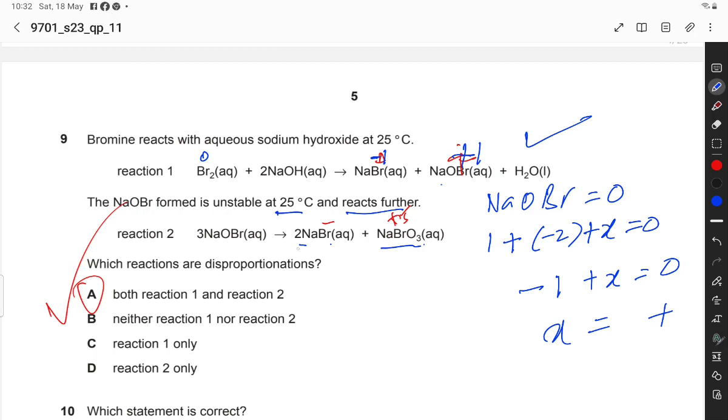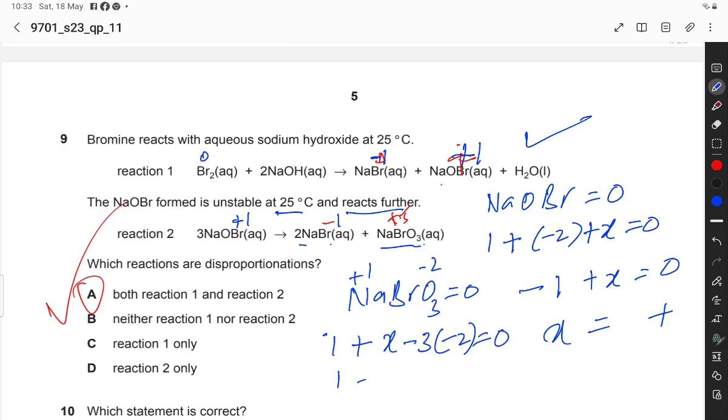NaOBr over here is plus 1, NaBr is minus 1, and NaBrO3: 0 = plus 1 plus x minus number of atoms 3 times 2.